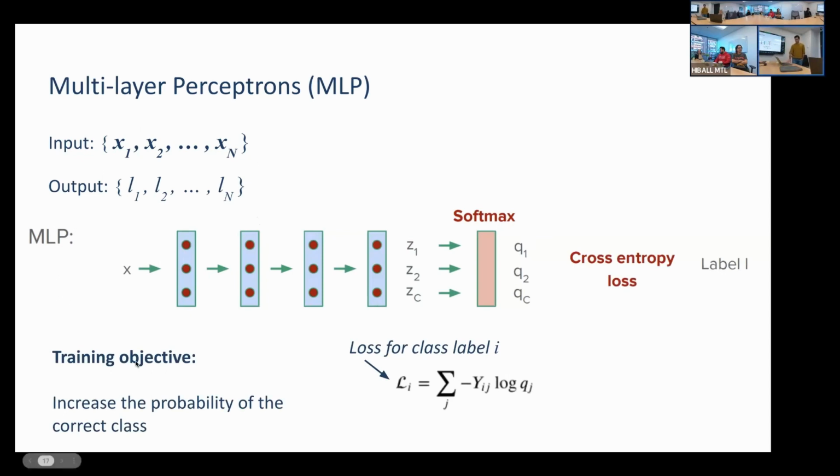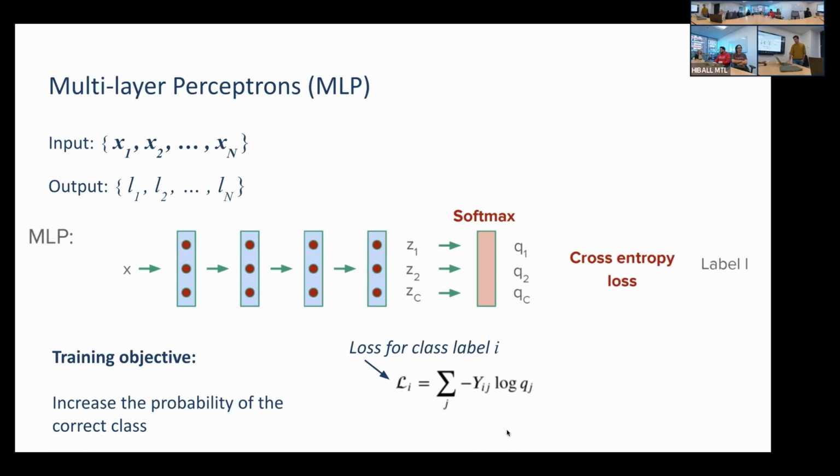We talked about the training data set, and again, we need a training objective, right? How do we want to force this model to learn classification of these digits? And here we defined the cross-entropy loss, right? This is the loss function that is most often used for a classification task. What it does is that it forces the model to increase the probability of the correct class.